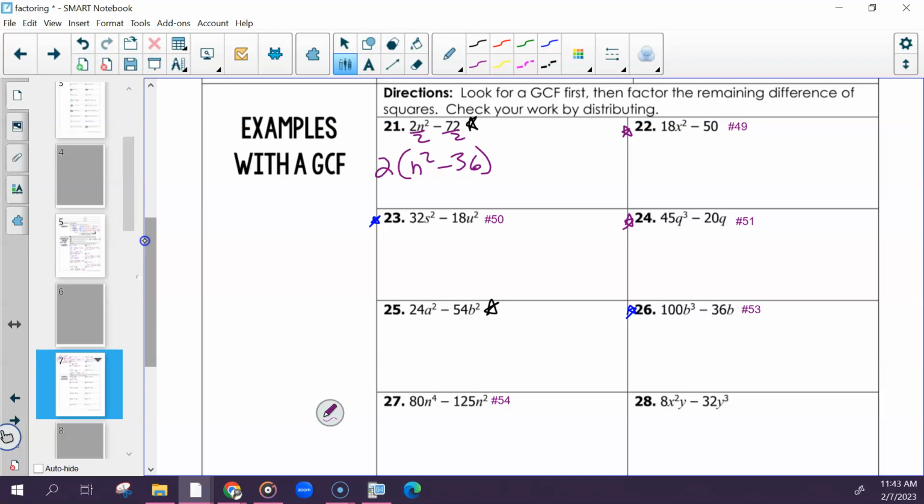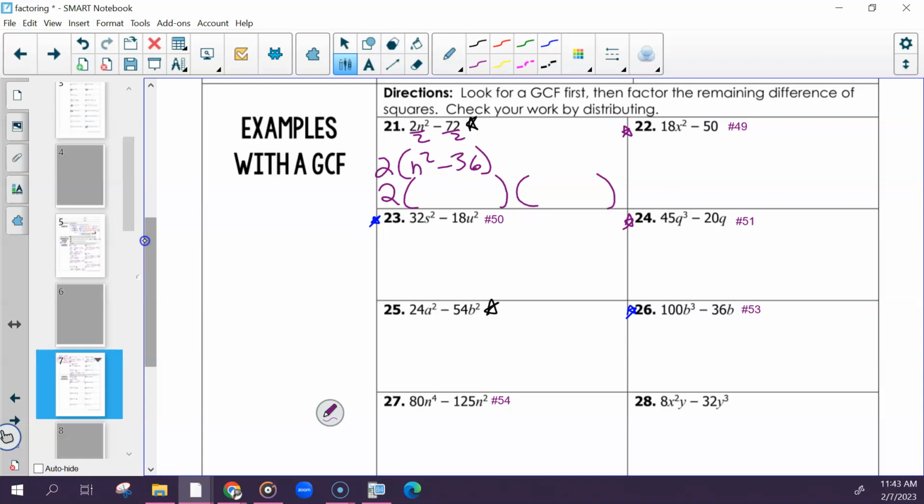Is something times something equal 36? The same, and it has to be the same number? 6. So that means we can factor this more. Always bring down your GCF.